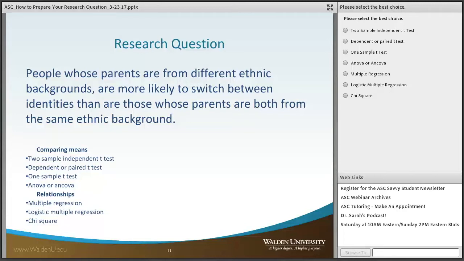That so now you're going to be randomly sampling, but you'd have to start somewhere and find kids that had parents from different ethnic backgrounds. Different, I mean, mom and dad were different, and then find the ones that parents were from the same ethnic background, and then do some sort of comparison on that.